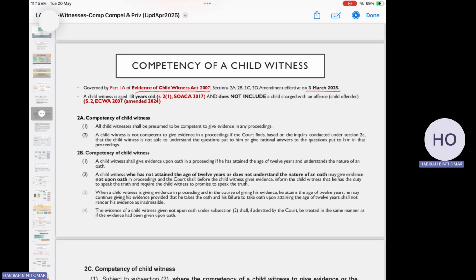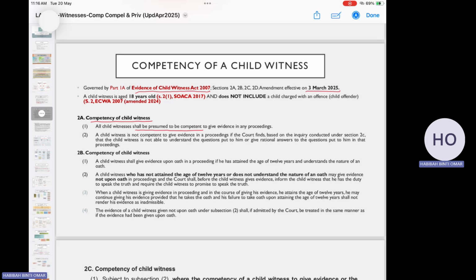So now let's look at Section 2A. Section 2A of the Evidence of Child Witness Act talks about the competency of children. All child witnesses shall be presumed to be competent to give evidence in every proceeding.